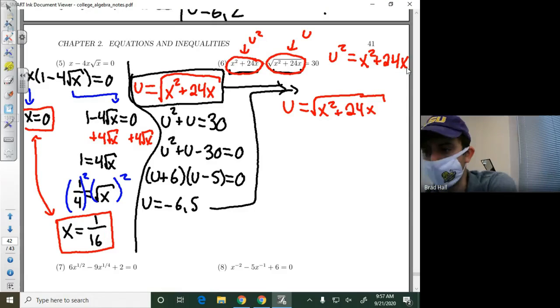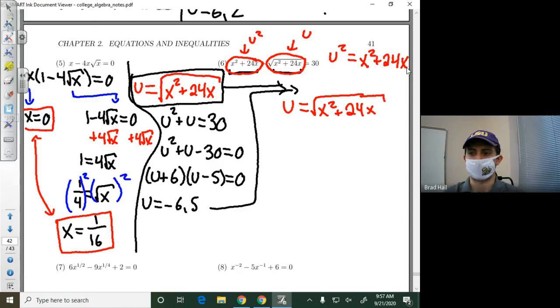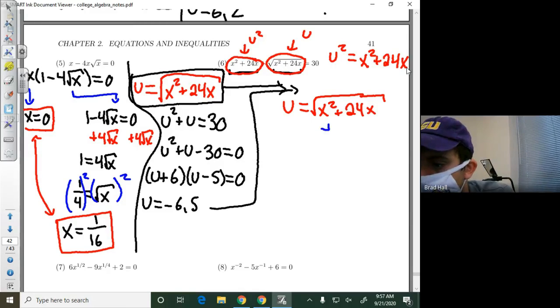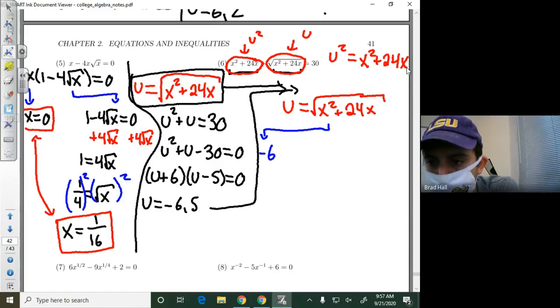The rule helps us convert from u's back to x's. And so we found two u values. The first one we found was -6.